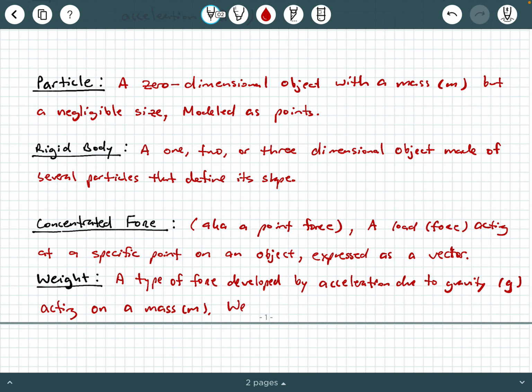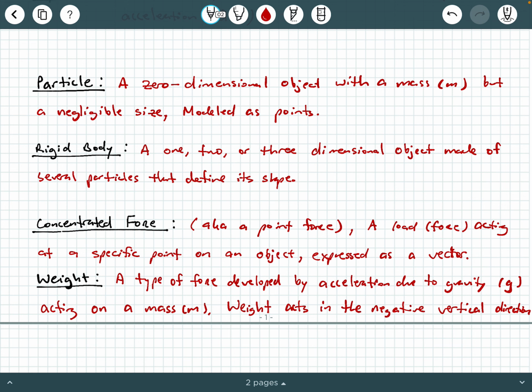Weight acts in the negative vertical direction. So when we say weight, weight is a specific kind of force.